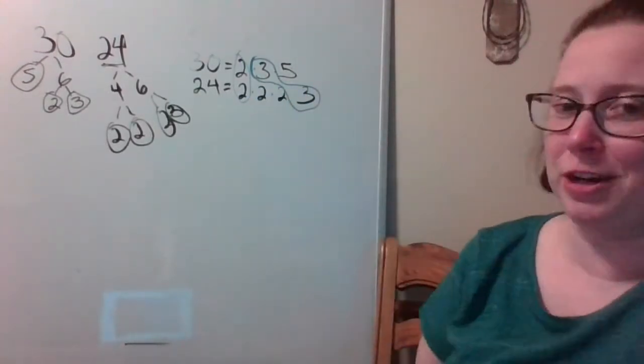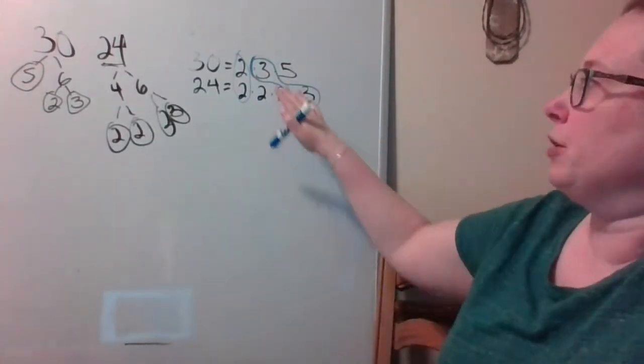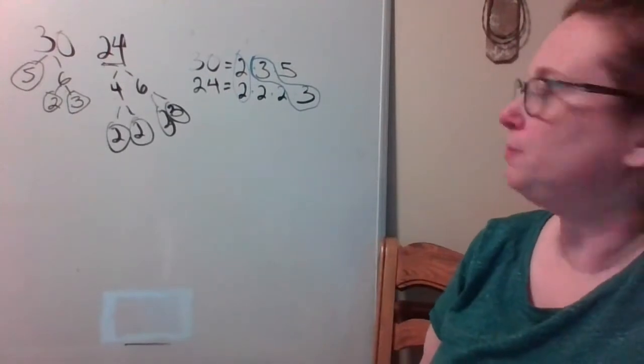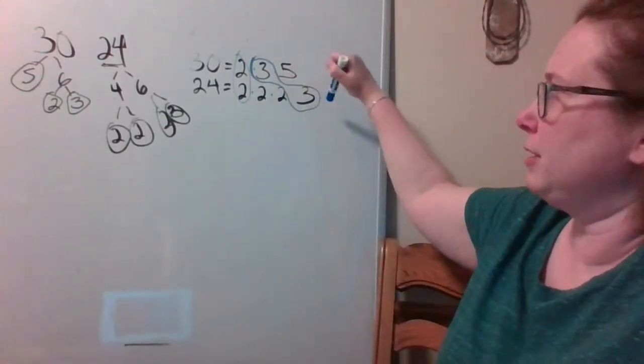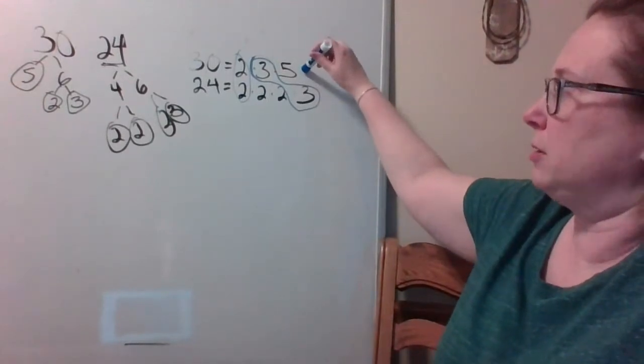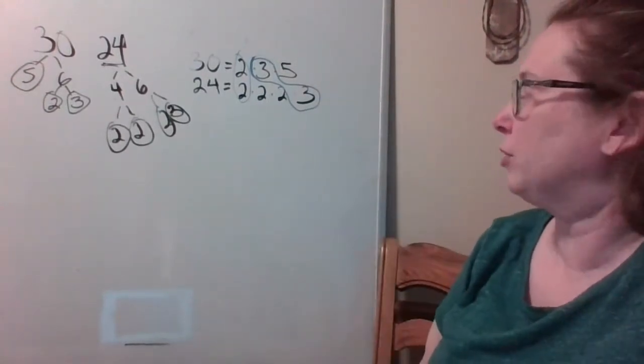All right, so I also have those 3's that match, so those get circled as well. Now, I do not have a 5 on this list, so that's not going to get circled.